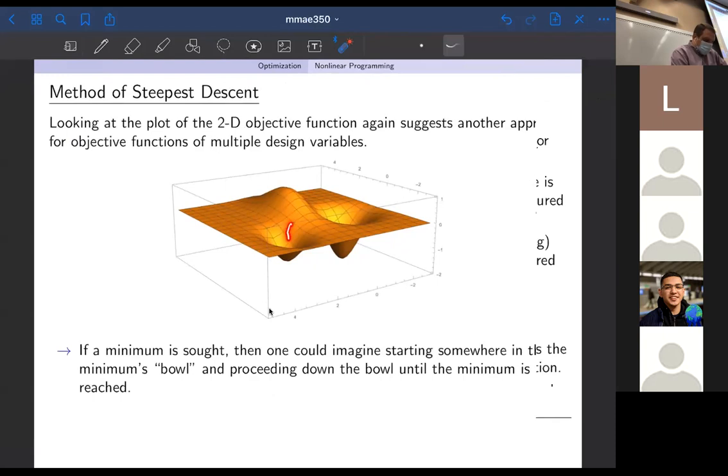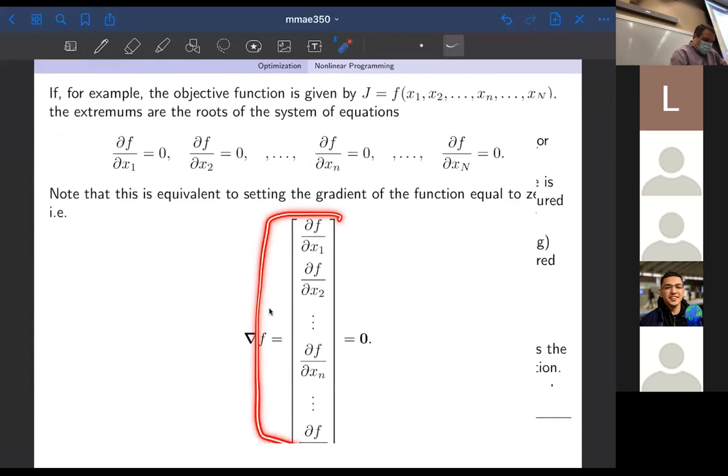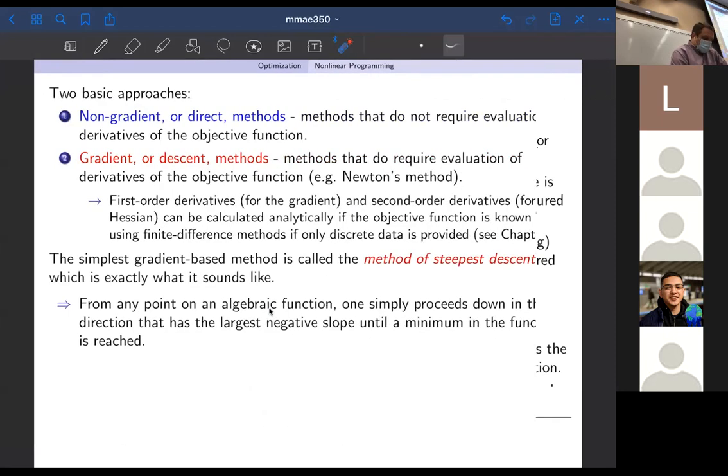I want to follow the terrain down into the bottom of this bowl. How do I get there? Well, I descend into the bowl by following the gradients. So they're very intuitive. However, as you can see, they involve evaluating lots of derivatives. And so sometimes that's a problem. And in that case, you can use what are called non-gradient methods, or sometimes they're called direct methods. So obviously, those are methods that do not require evaluation of the derivatives of the objective function.